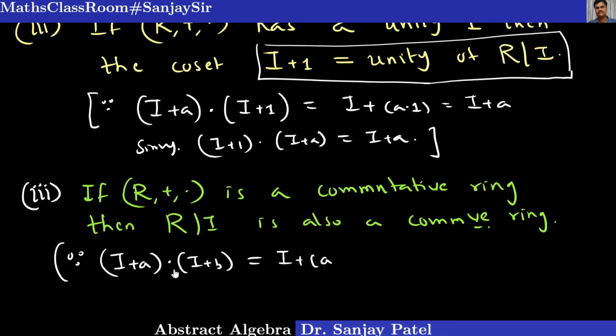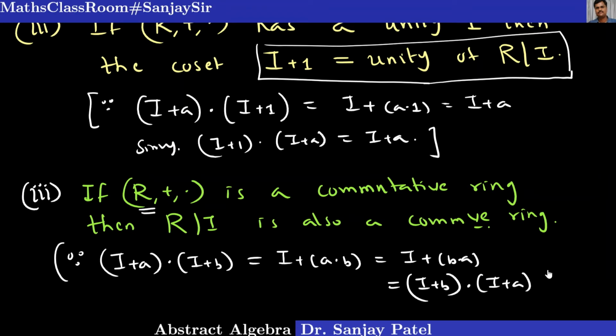By definition of this multiplication, we can write it as I plus A dot B. What are A and B here? They are elements of the ring R, and the ring R is commutative, so I can rewrite this as I plus B dot A. So I am using the commutativity of the ring R, and that you can rewrite as I plus B dot I plus A by definition of multiplication of cosets.